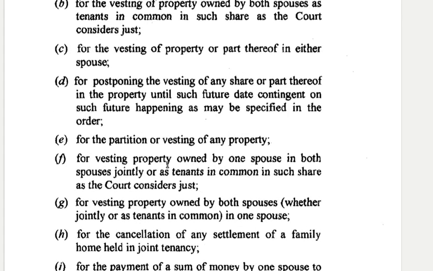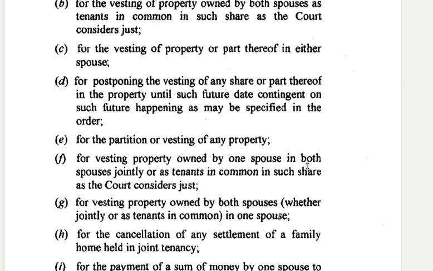F. For vesting property owned by one spouse in both spouses jointly or as tenants in common in such share as the court considers just. Property owned by one spouse. Oh, so something that one spouse owns.